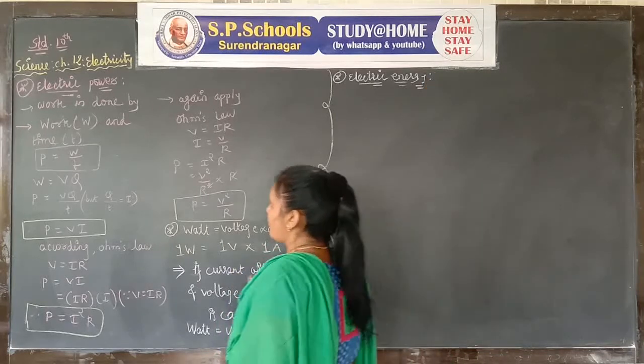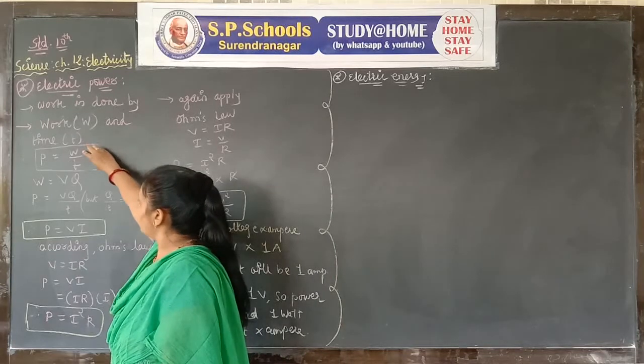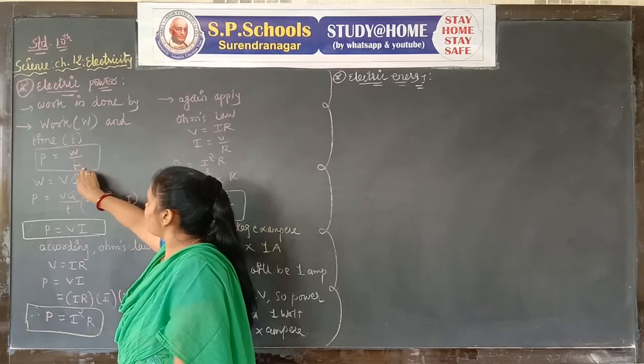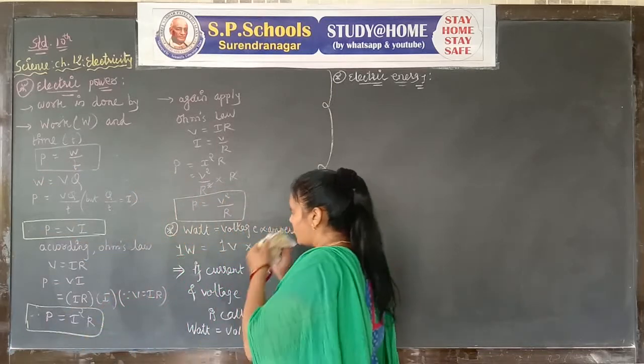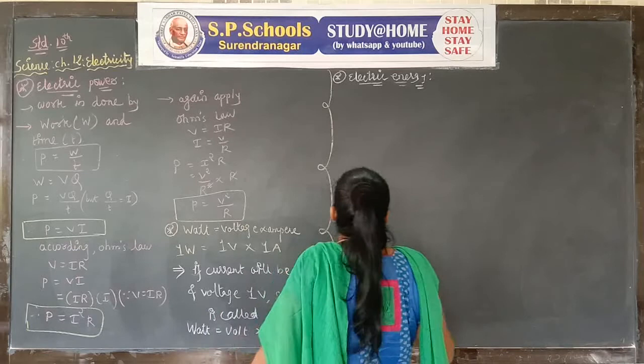As we know, when work is done in the time of small t, it is called power. So we can write it in this form.